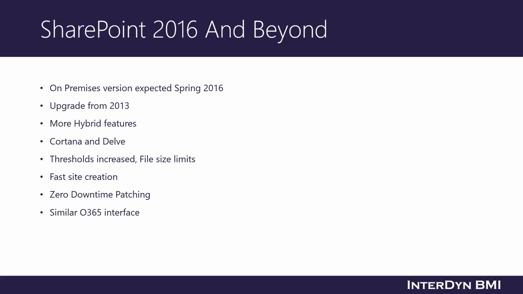So when you say, hey, Cortana, up pops Cortana and it will search your SharePoint files. So that's a really nice feature that's coming. Look for Microsoft to push and go forward with that.